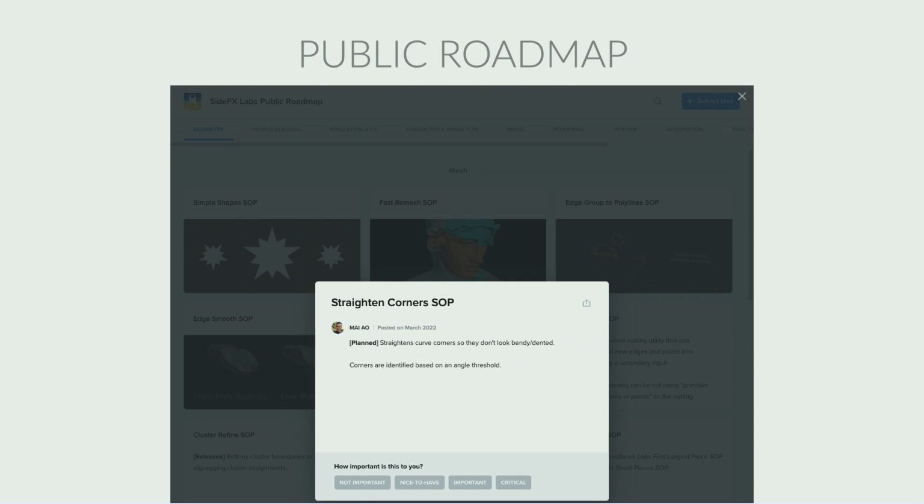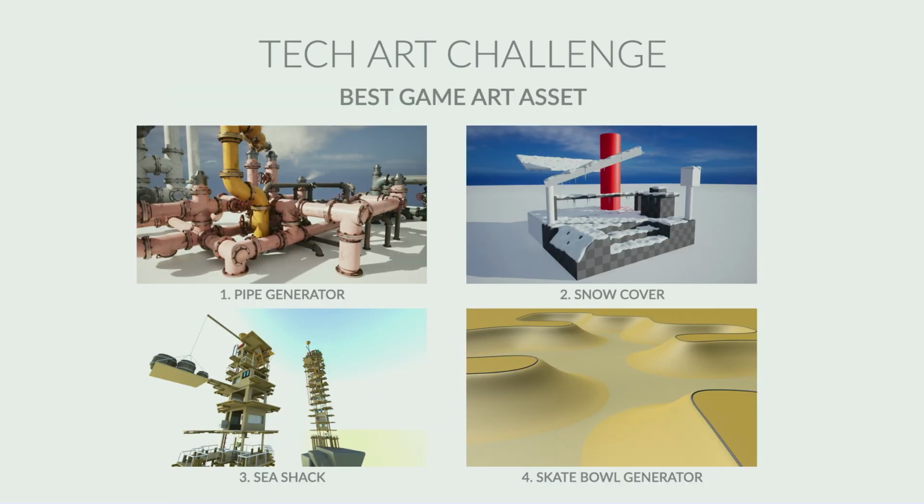The other area is we run every year a Tech Art Challenge. You may have heard of Houdini, where we have an image contest. This is the opposite of that. This is where you actually create tools. And we've had some really interesting tools built in this contest, things like pipe generators, things to cover snow.